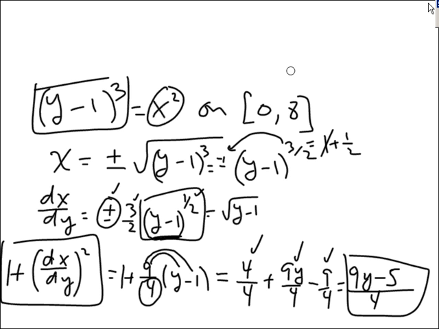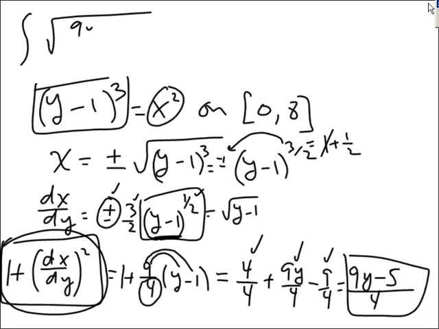So we want to integrate the square root of this here, which is also known as 9y minus 5 over 4, dy. But now, the question is, what do we integrate from?